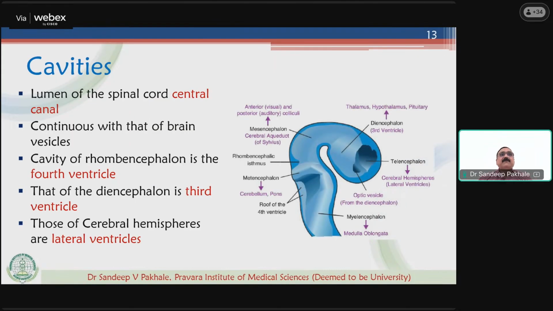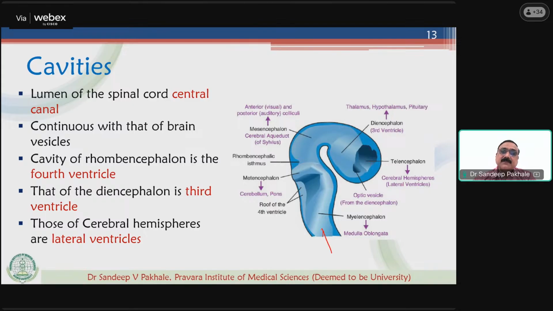Now coming to the cavities of these. Let us look at the cavities of the developing brain, which are essentially modifications of the lumen of the neural tube. The lumen of the spinal cord persists as the central canal that we have seen, and this cavity continues throughout the brain.